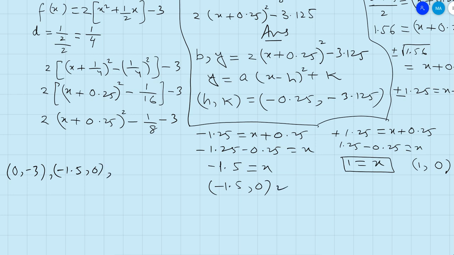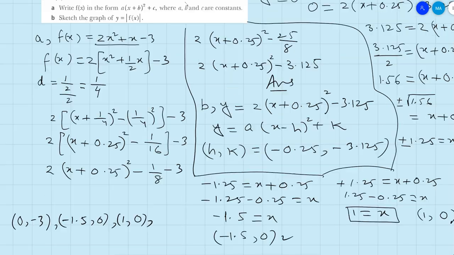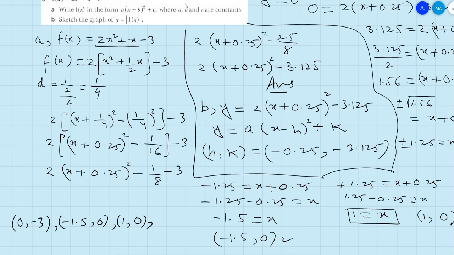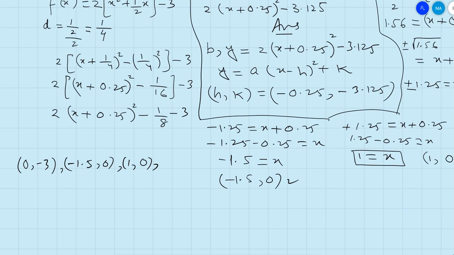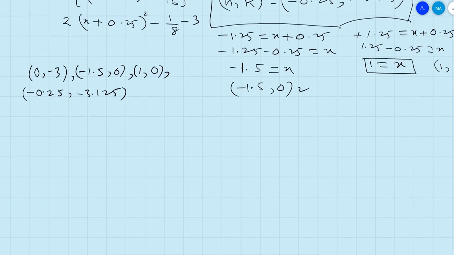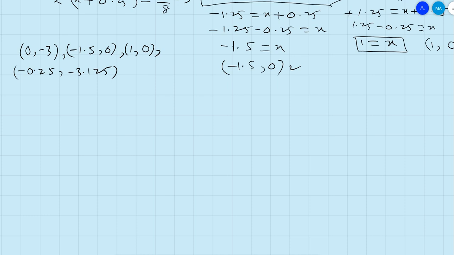The third point is (1, 0). And the fourth point was the coordinate of the minimum point, (h, k), which is (-0.25, -3.125). These are the points which we have to plot on the graph paper.